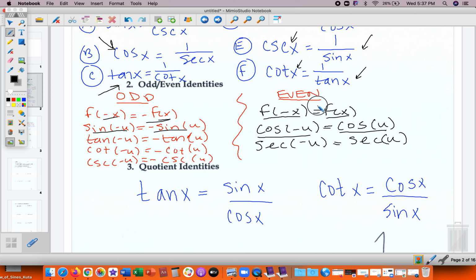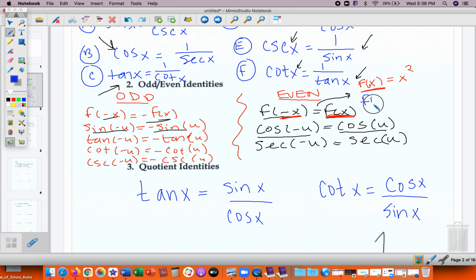Let's look at f of negative x is equal to f of x. Let's say we have a function, f of x is equal to x squared. And let's say in the parentheses, we now insert negative x.